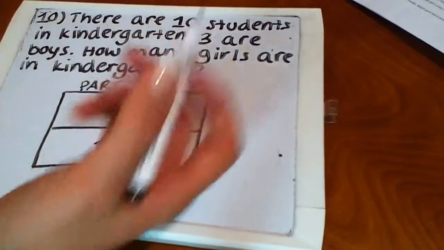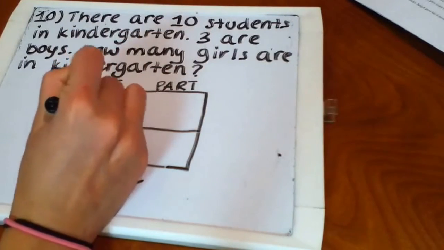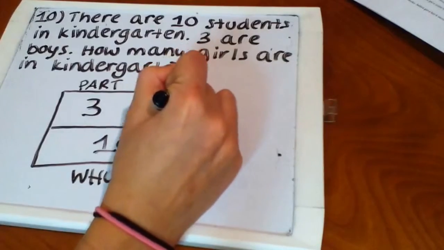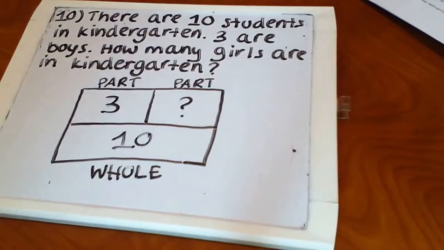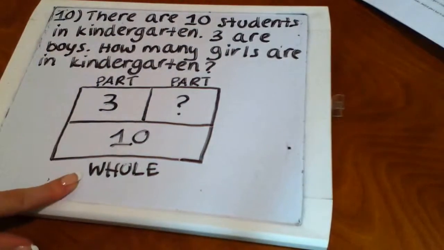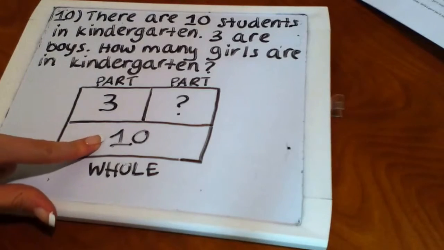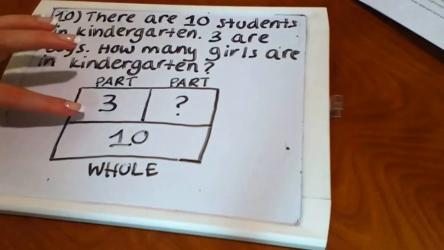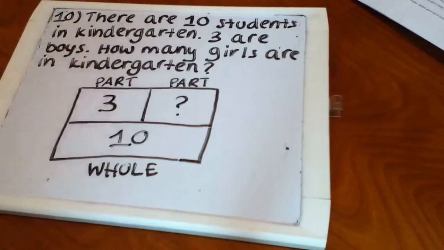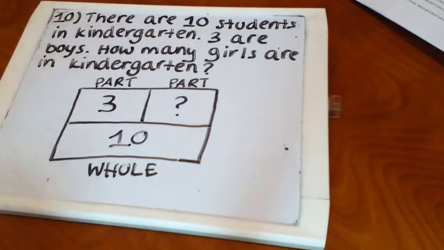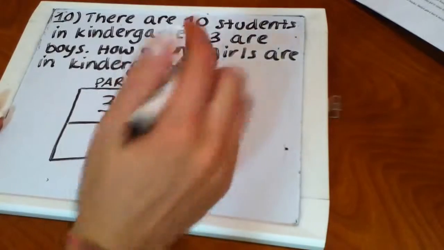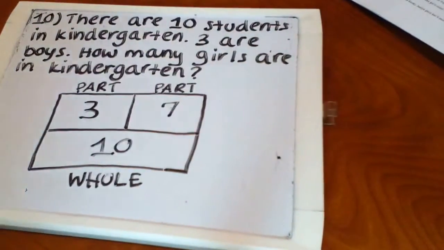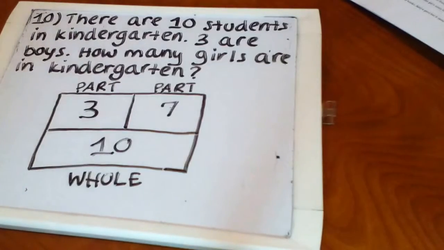So we're given 3 boys, and then we don't know how many girls. So all we need to do is look at our whole, which is 10, and we already know one part, which is 3. So what do we have to do to go from 3 to 10? Well, we add 7. So the other part of this problem would be 7. So the answer would be there are 7 girls in kindergarten.